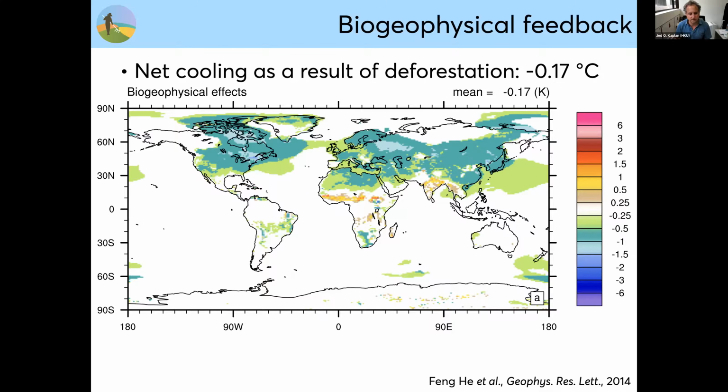So crops transpire less water than forests. And so what we generally see here is that if you isolate only those biogeophysical effects, we have a brighter surface over much of the northern hemisphere, leading to cooler temperatures. It's not a huge change. In fact, on the global mean, there's a net cooling of just about 0.17 degrees Celsius.